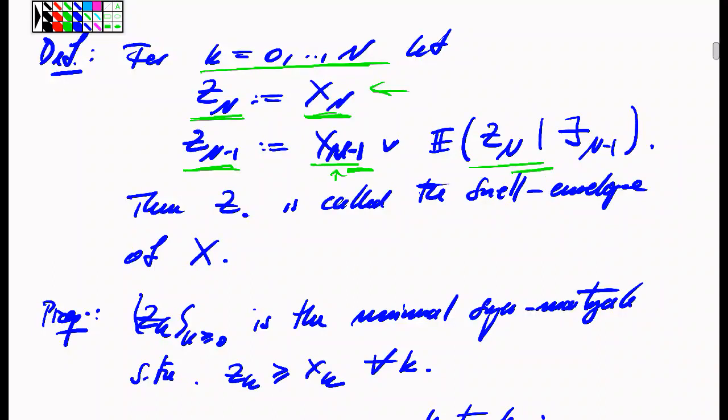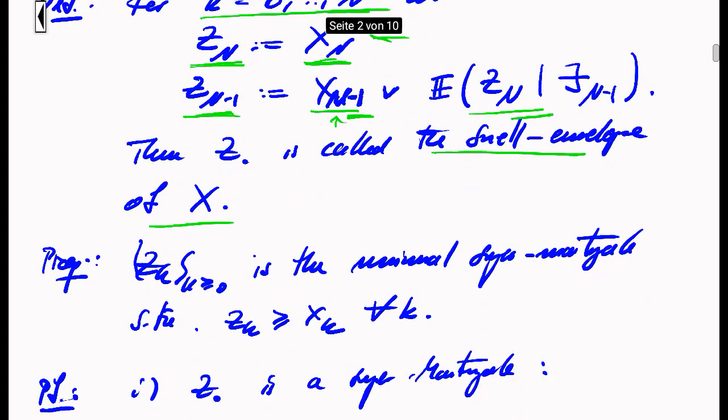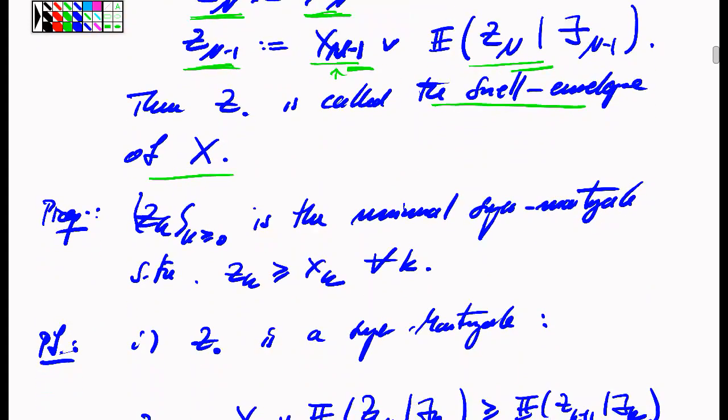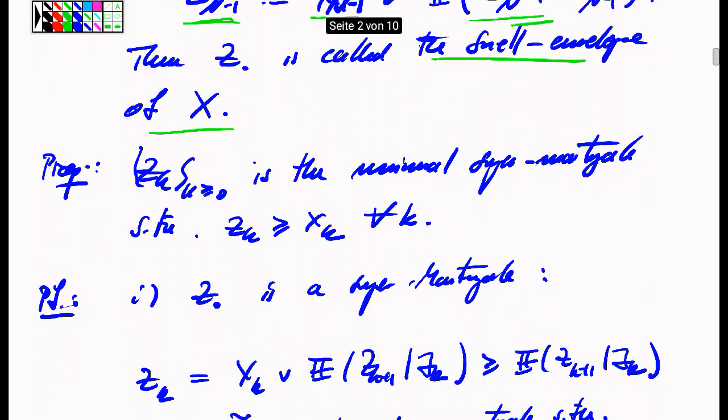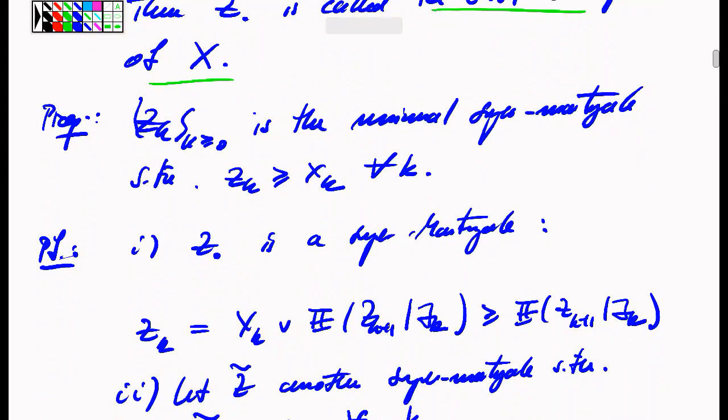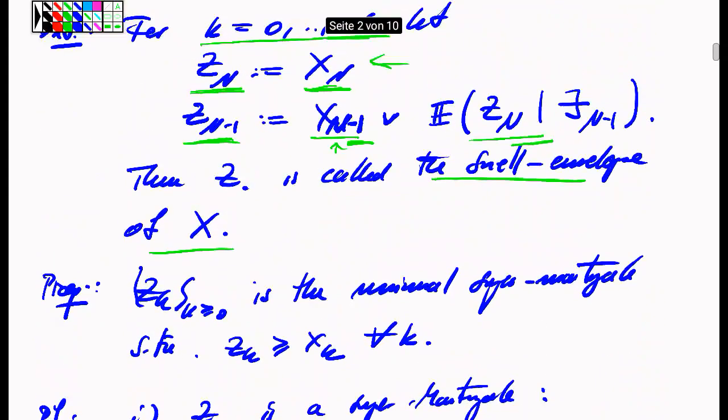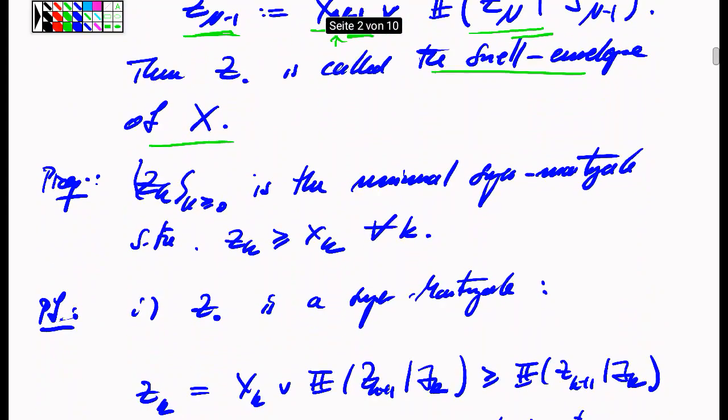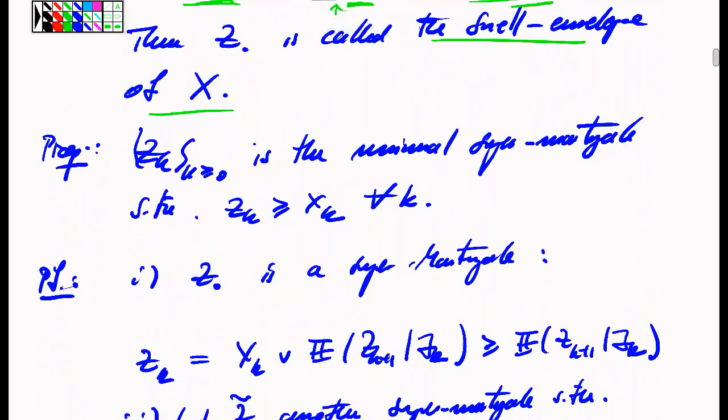Okay, that's the recursive formulation of how we define this Z process, and this Z process is then called the Snell envelope. So the Z process is called the Snell envelope of the process X. That's an important object in this optimal stopping problem, and we will use it in order to construct an optimal stopping time tau, which solves the problem.